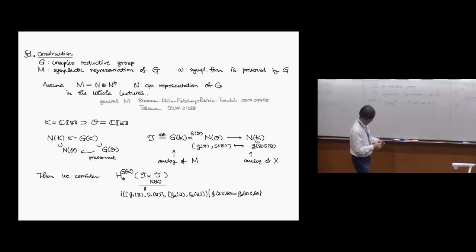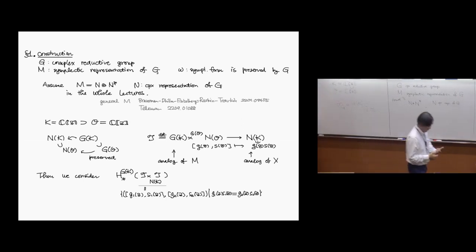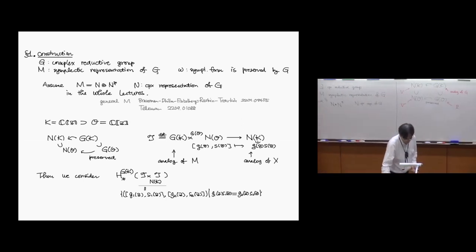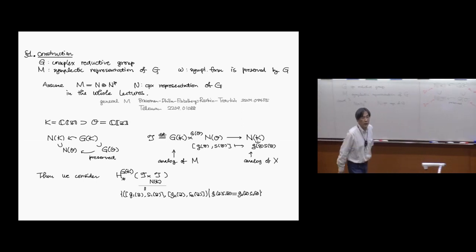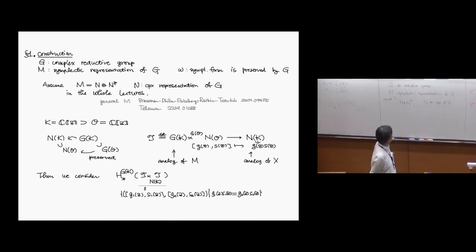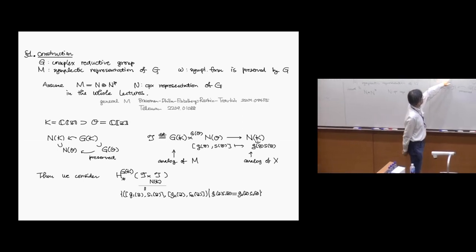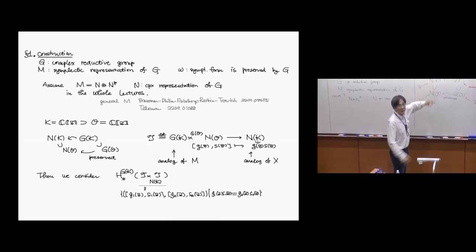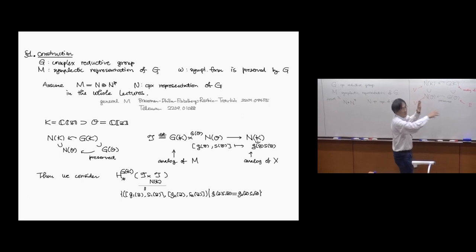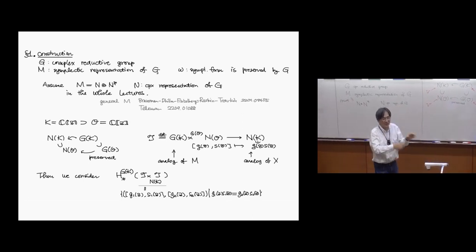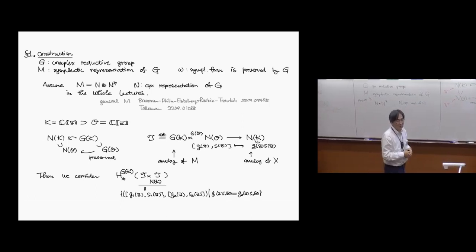Right? So you can apply the construction. N of K is a formal Laurent power series with values in N. I mean, N is a vector space. You have collections of numbers, and you replace numbers by formal power series.